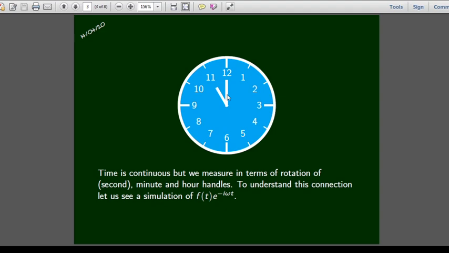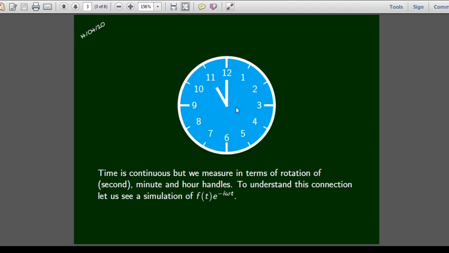Then these hands move. Whatever be the shape of the dial, this minute hand and hour hand move in a circular path. Its locus is a circle. So we just count the frequency. Based on the frequency of these two hands we measure the time.